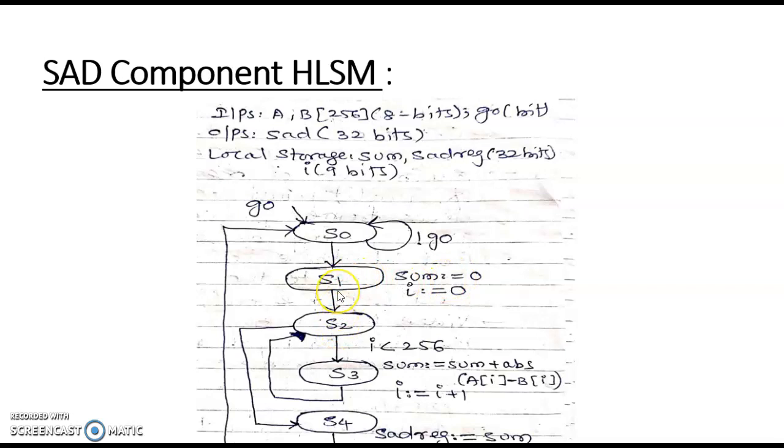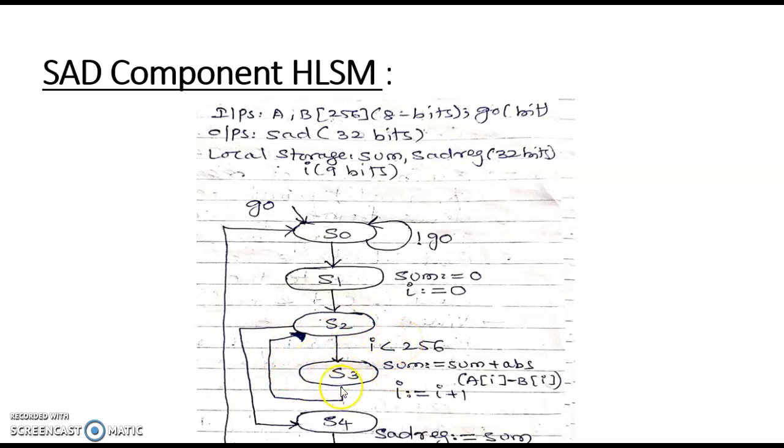After this, in S2, i is first compared with 256. If i is less than 256, it goes and does the summation, and after that i equals i plus 1. So the index increases and it goes into S2 again. So S2 and S3 will continue until the 256 operations are done.